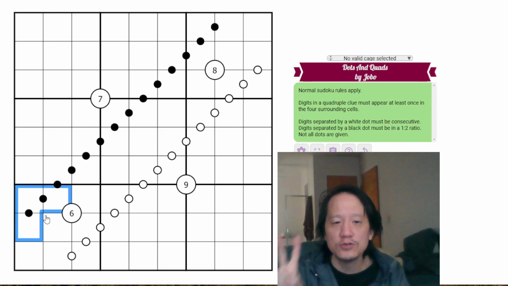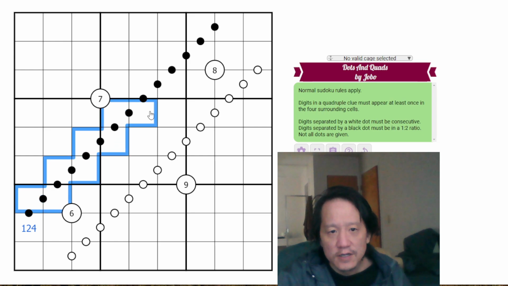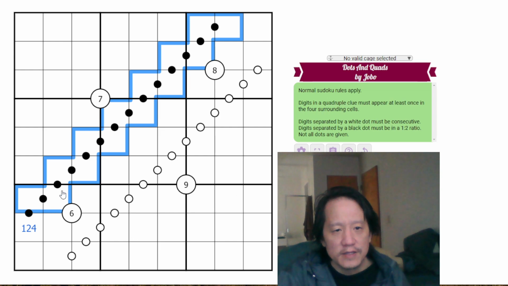Those are the only 2 options. So all along this, it could be 1, 2, 4, and 8. But one thing we know is that the middle cells always have to contain 2 and 4.